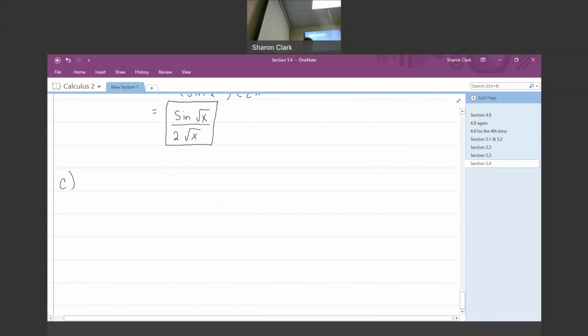Oh, no, example. Find dy dx for y equals the integral of the square root of x to pi over 3 of cosine t squared dt.